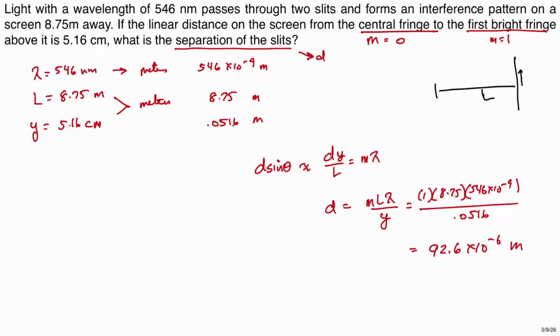That's how I chose to write it. I actually wrote it internally as 92.6 microns, because the micro just saves me the trouble of writing times 10 to the minus 6. So there's the slit separation.